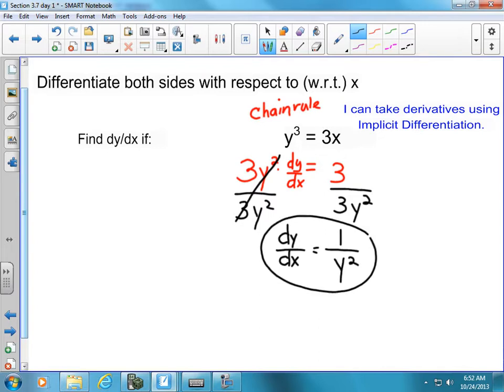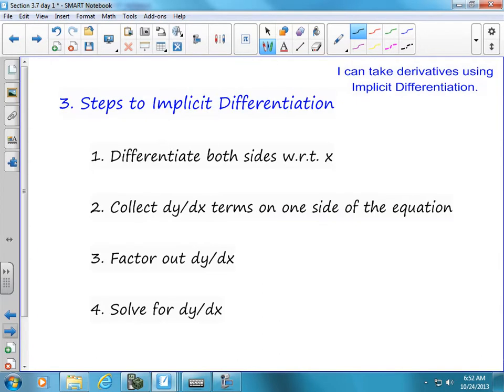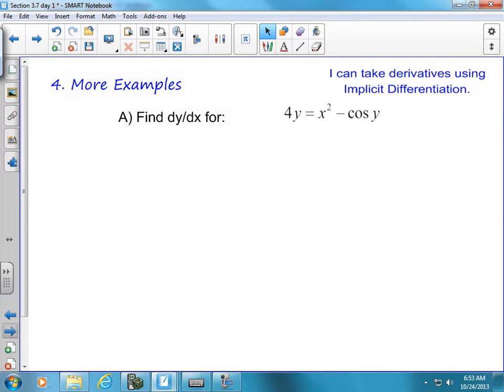I'll actually give you some steps for implicit differentiation. Here they are. Differentiate both sides, collect dy dx, factor out dy dx, and solve for dy dx. So that is what we just did, and that's what you will do.